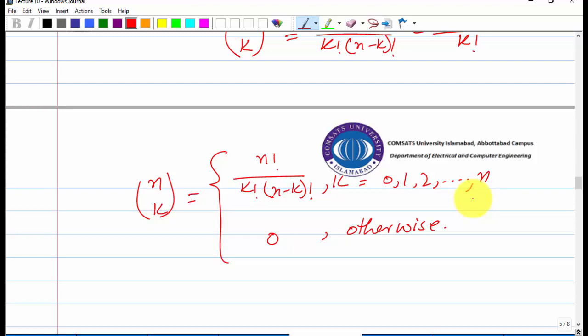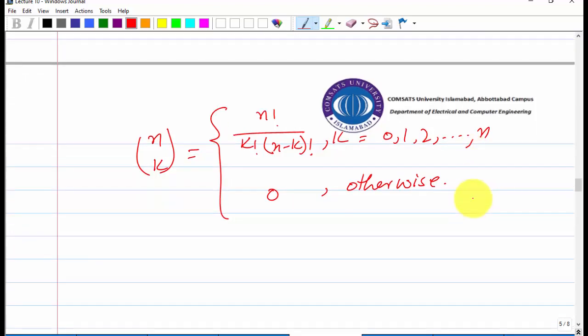Because k cannot be a floating point number like 2.8 or 2.7, k cannot be greater than n, just like in the previous example n choose k cannot be 4 choose 5, and k cannot be negative, because we cannot find the negative factorial, at least for this subject.